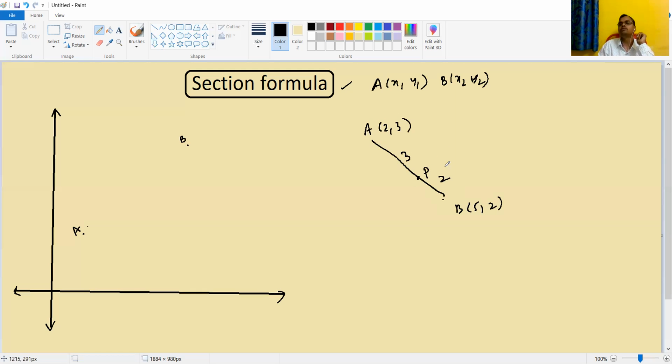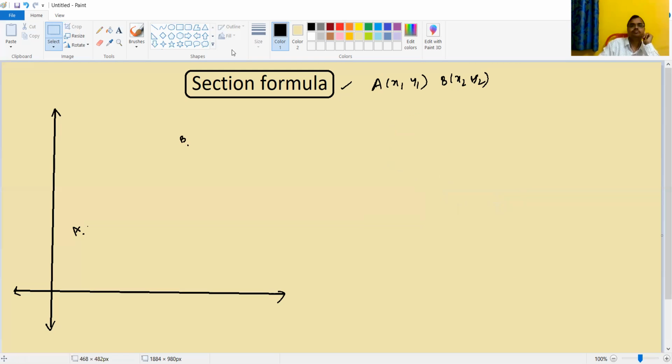Then how to find the coordinates of P? Or otherwise there exists a point Q which divides AB in the ratio 1:4. How to find the coordinates of Q? So to find P and Q, we are going to use the section formula. So what the section formula is, we are going to discuss in this video.